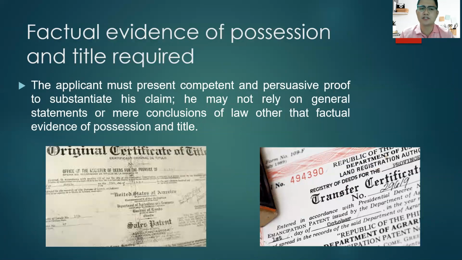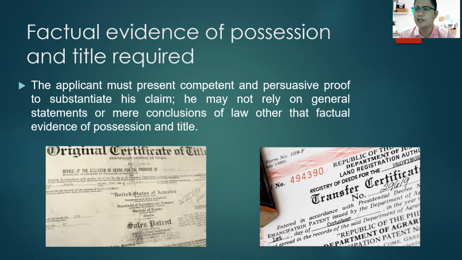Factual evidence of possession and title required. The applicant must present competent and persuasive proof to substantiate his claim. He may not rely on general statements or mere conclusions of law other than factual evidence of possession or title. So in these land registration proceedings, especially the cadastral proceedings, you need to have documentary evidence.